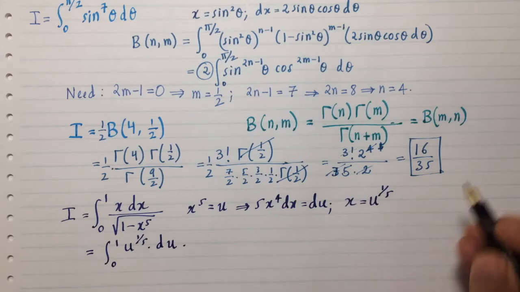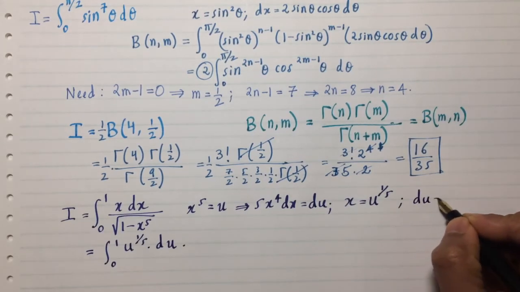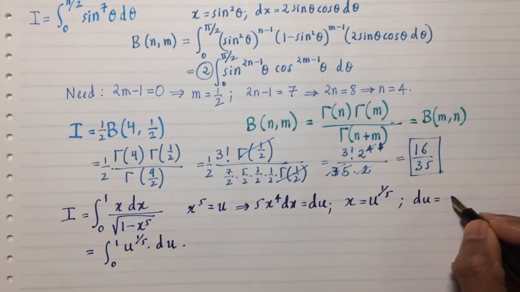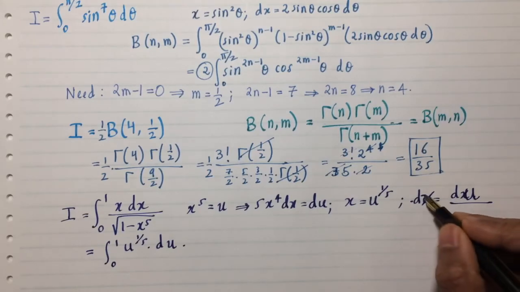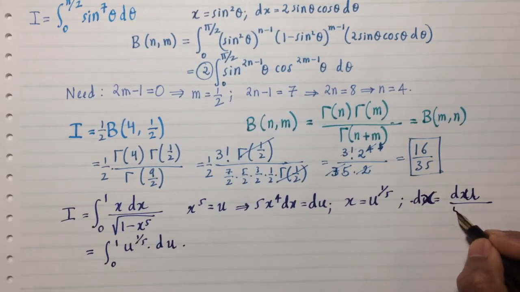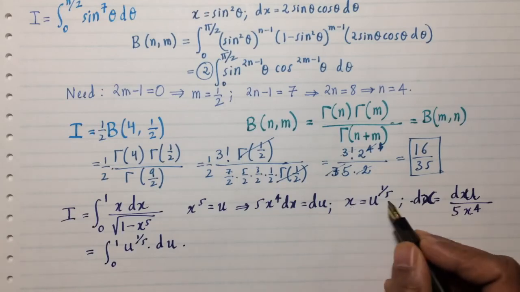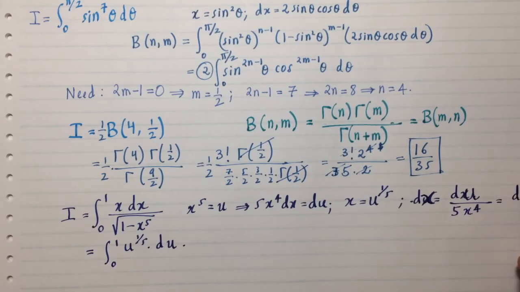So by the way, du is dx times... I meant to write dx equals du divided by 5x to the 4. And since x is u to the 1/5, that's going to be du divided by 5u to the 4/5.